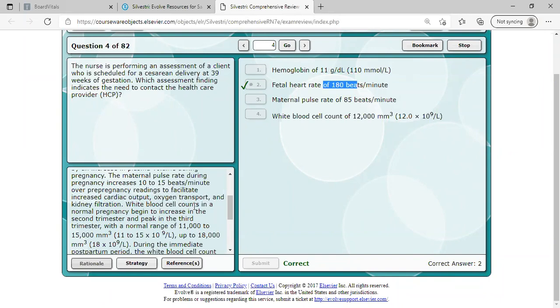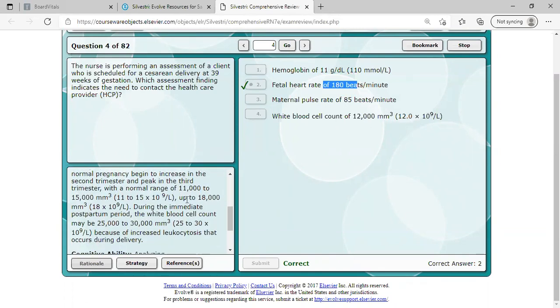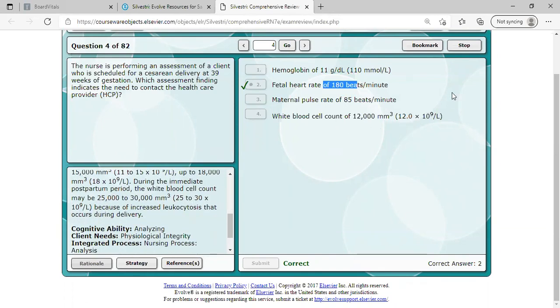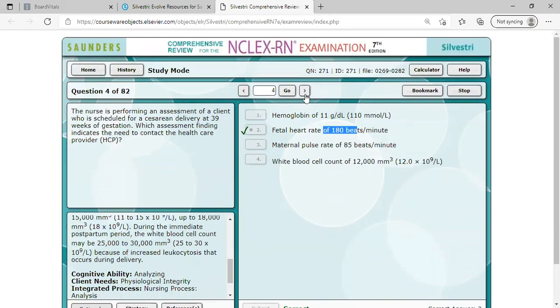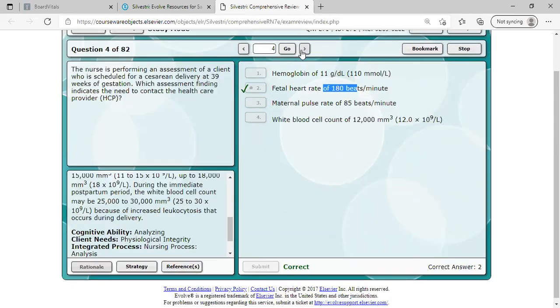White blood cell count in a normal pregnancy begins to increase in the second trimester and peaks in the third trimester. So the white blood cell count is within the normal range. Nothing abnormal is found here. Next question.